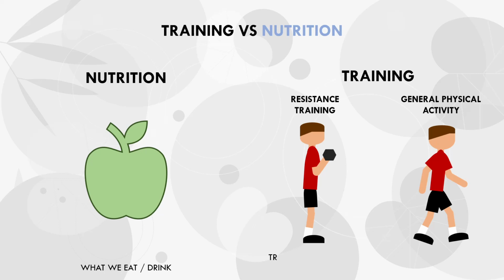Resistance training refers to any form of weight training aimed at providing a hypertrophic stimulus. General physical activity refers to any other form of exercise or movement, including cardio, sport practice, walking, cycling, etc. Although all these general training methods are quite different, their role in body composition changes is very similar, as we will discuss later in this video.